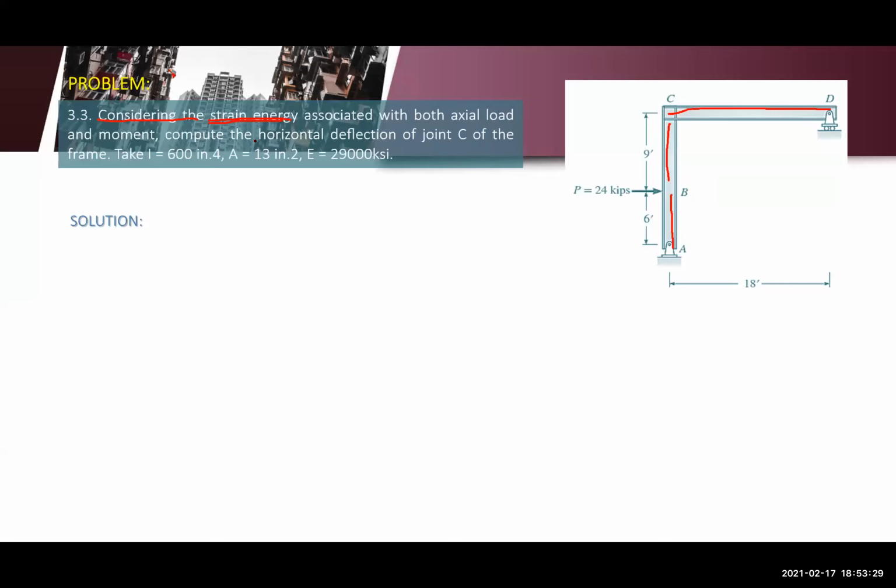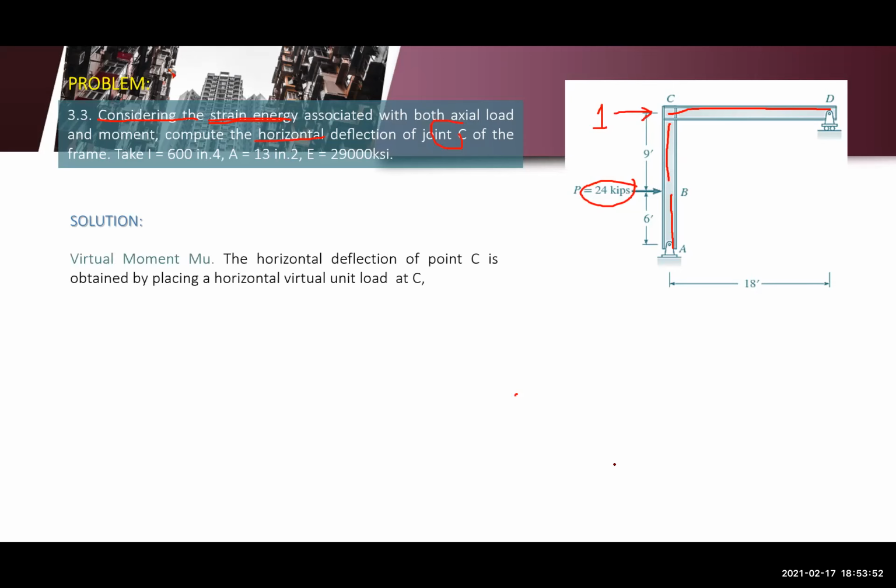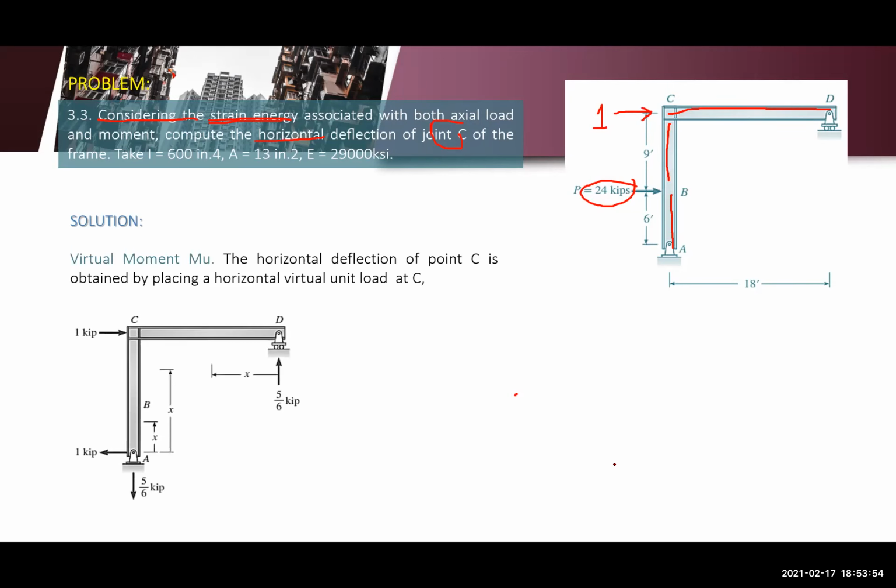Now, ang tanong, horizontal deflection at point C. So, i-replace natin ito with a unit load. 1. Yan, unit load na 1. So, yun yung mangyayari. Then, in this problem, ang reference point is A lang.